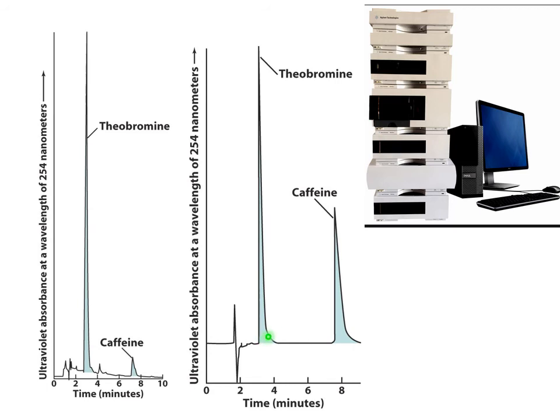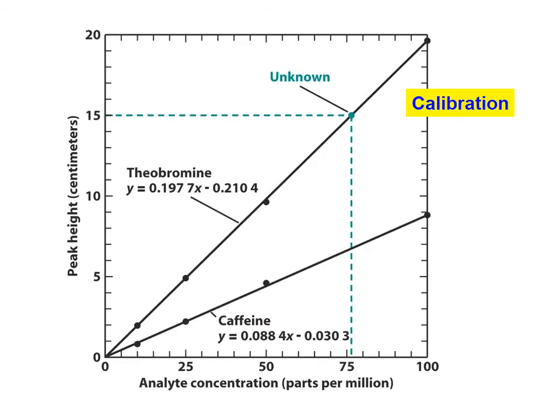Now we know which amount of theobromine and which amount of caffeine corresponds to these two peaks. How we know that? Because we made solution ourselves. So we make a calibration for caffeine and for theobromine, and then from our points we figure out our unknowns here and there.